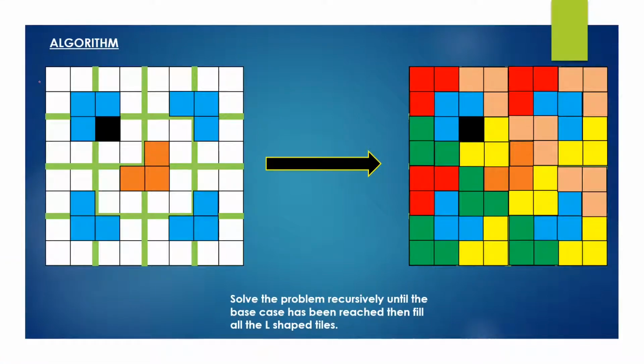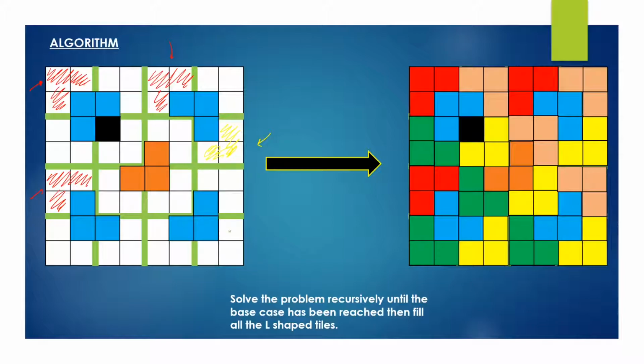So for this particular 2 cross 2 subsquare, we can see we can fill one tile like this. Similarly for this subsquare, we can have it like this. Similarly for this 2 cross 2 subsquare, we can have something like this. And there are plenty more examples. Let's say I use a different color, yellow. Then for this subsquare, you can have something like this.